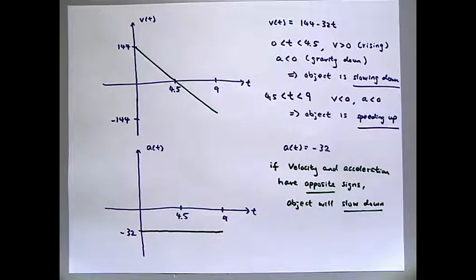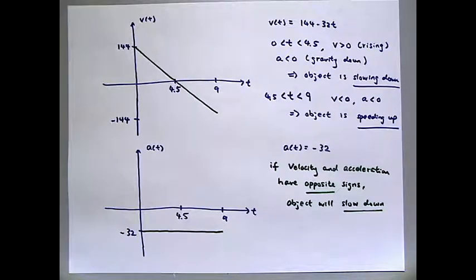Okay? Remember, the sign in this kind of modeling tells us about the direction. If you're going one way and your acceleration is the other way, over time it's going to slow down, just like the object rising and falling problem here.